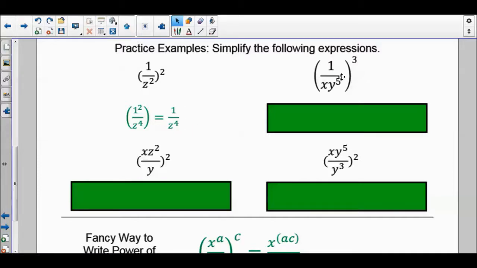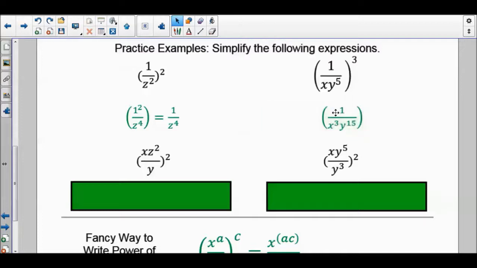Our second one, again, we're going to take that 3 and distribute it to the numerator and everything in the denominator. So we would have 1 to the third power, which is just 1, so I just wrote our 1 there, x to the third power, and then y to the 15th power, because you would multiply 5 times 3, because this is like power to a power, where we multiply.